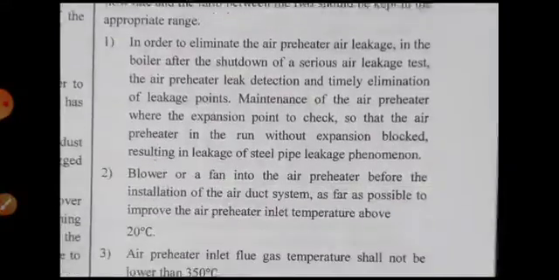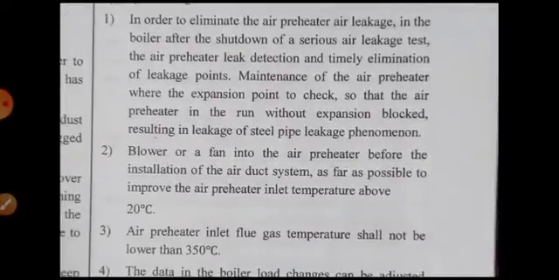In order to eliminate air leakage in the air preheater of the boiler, after shutdown a serious air leakage test should be done, with leak detection and timely elimination of leakage points.